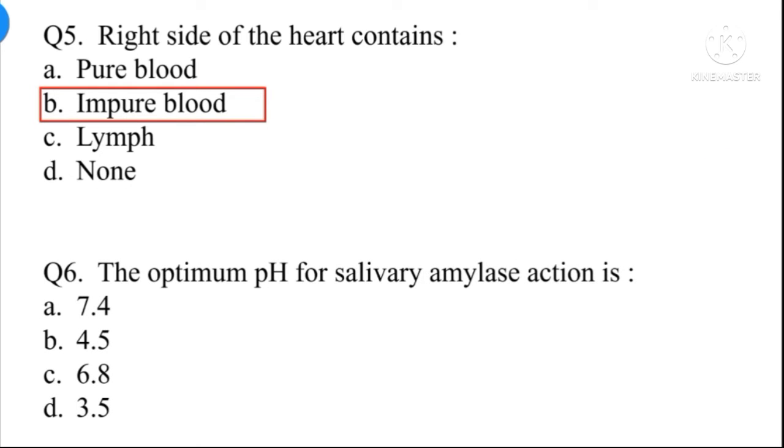Next question is, the optimum pH for salivary amylase is. Options given are option A 7.4, option B 4.5, option C 6.8, and option D 3.5. Its correct answer is option C 6.8. 6.8 is the optimum pH for salivary amylase action.